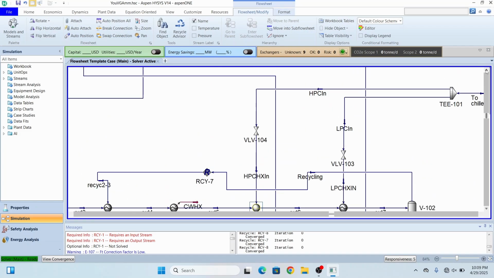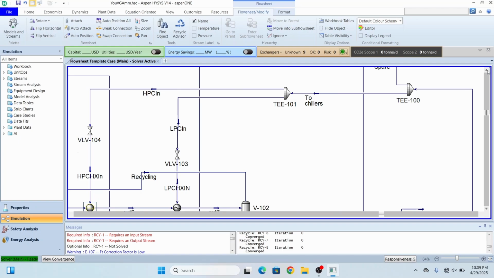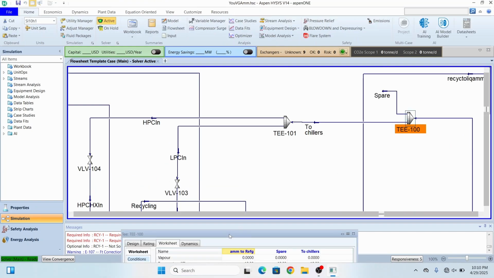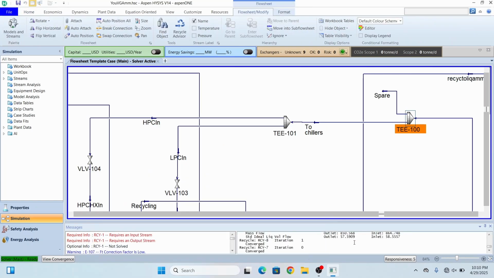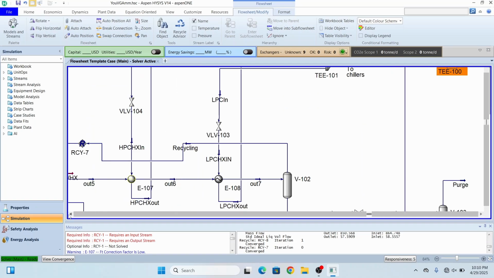Yes. So we have to increase the flow. Come here, and out of this splitter, you can increase the flow to our chillers. You can increase the flow to, first of all, 2400. So now we will see whether it is converged or not. Here it is still unconverged.